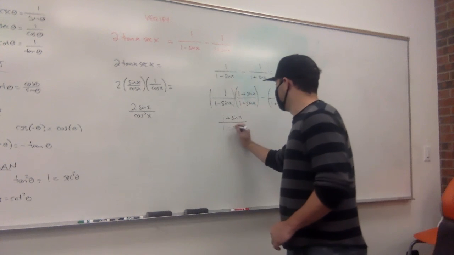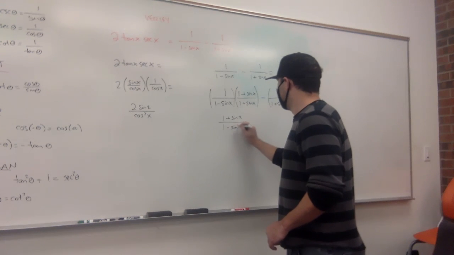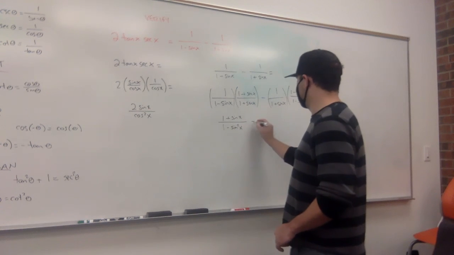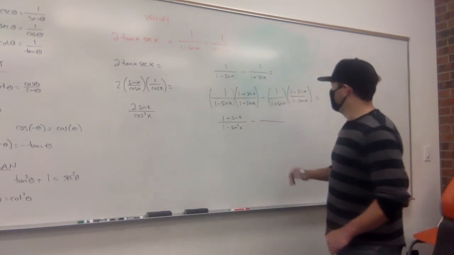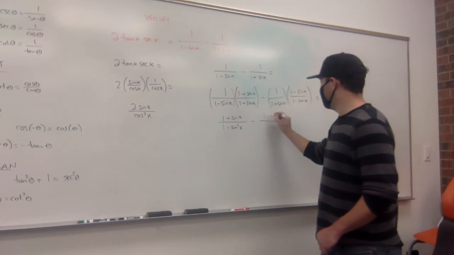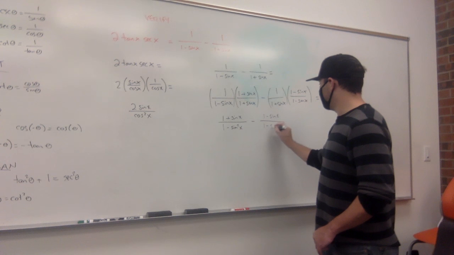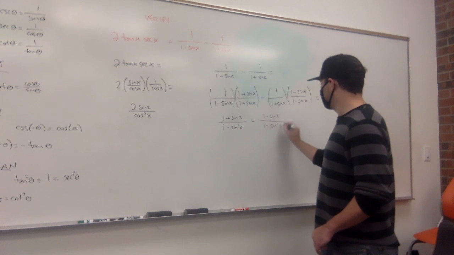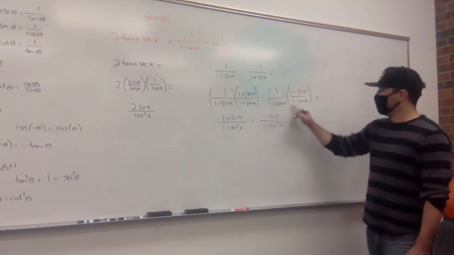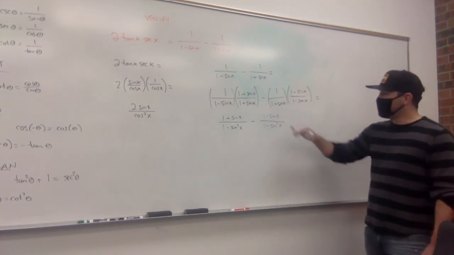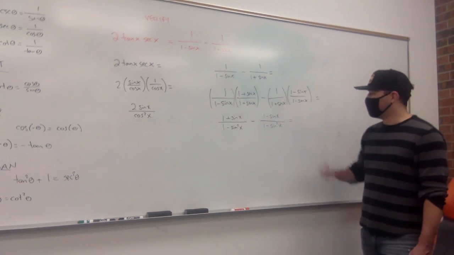Our last term is negative sine squared x. Second fraction, numerator is 1 minus sine x. Denominator is 1 minus sine squared x. Same multiplication happening here, and that's being subtracted.